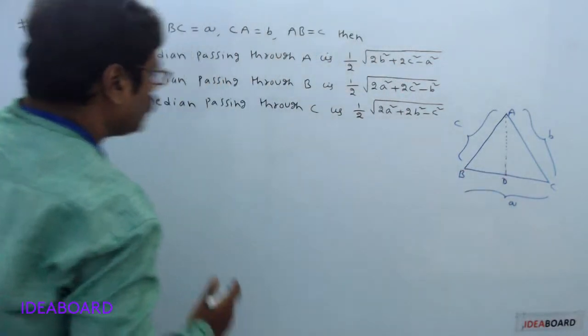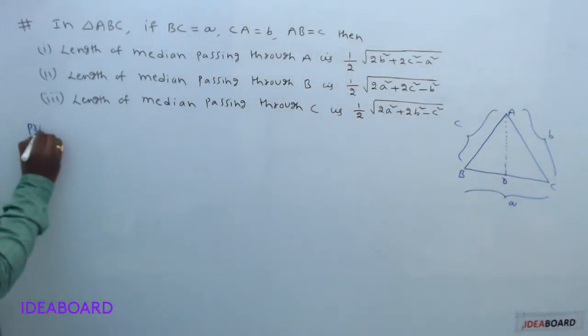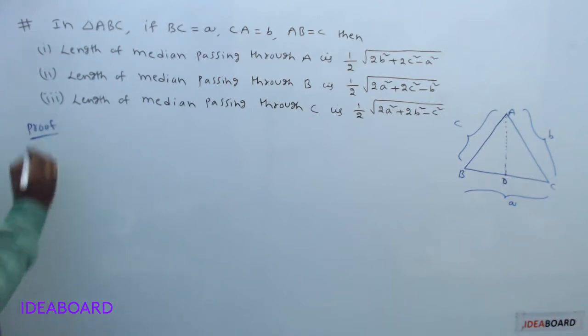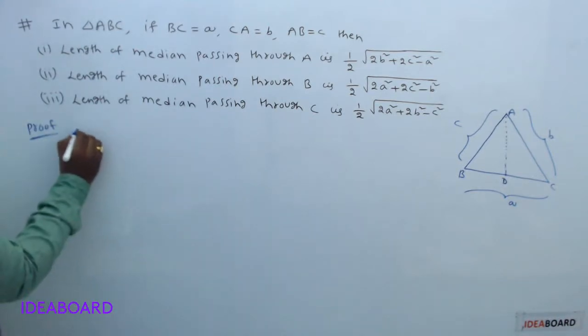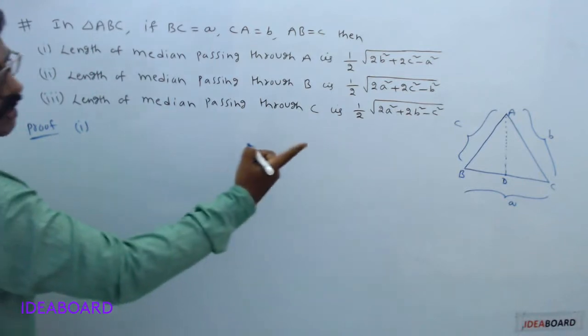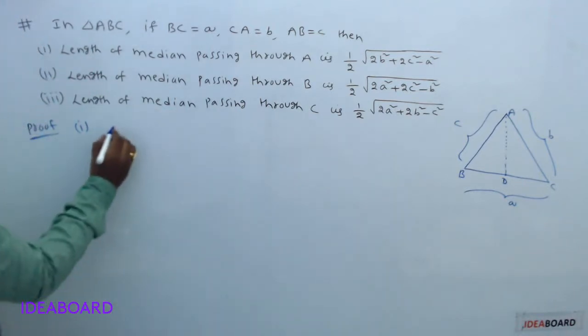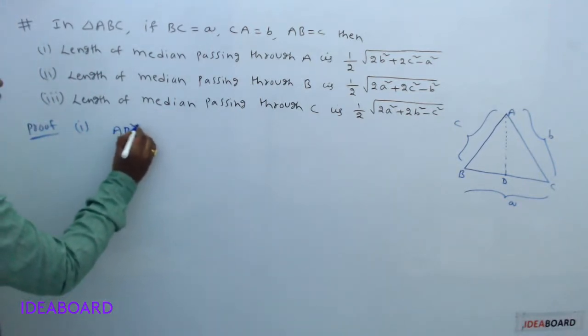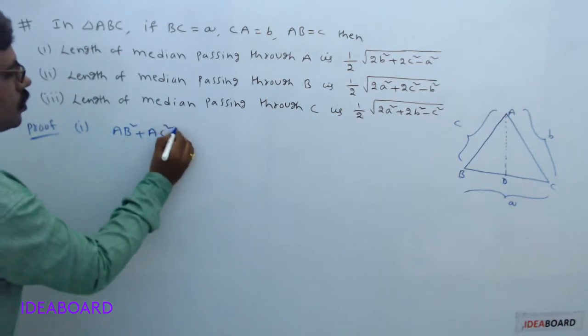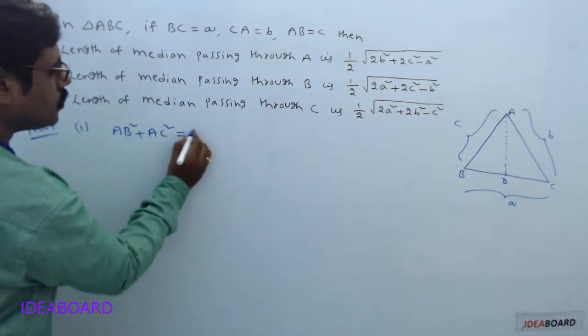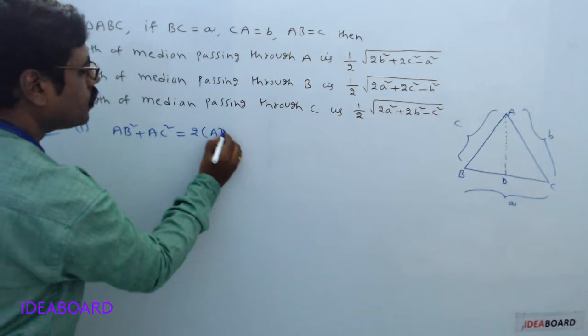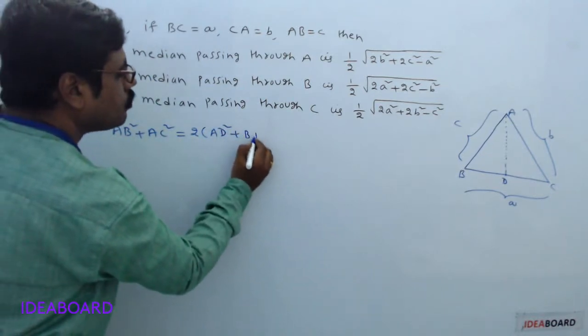So use that Apollonius theorem. Suppose here D is the midpoint of BC. So from Apollonius theorem, AB square plus AC square equals 2 into (AD square plus BD square).